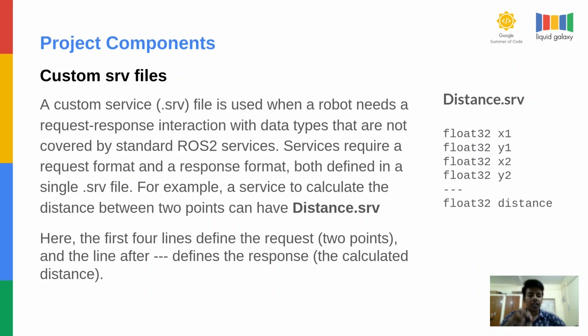And in response, it only sends us the name of the turtle, right? In a similar way, in a service file, we can regulate whatever request we will accept and whatever response we will give out. A service file is used when a robot needs a request-response interaction with data types that are not covered by standard ROS2 services. How to do this? Let's see.